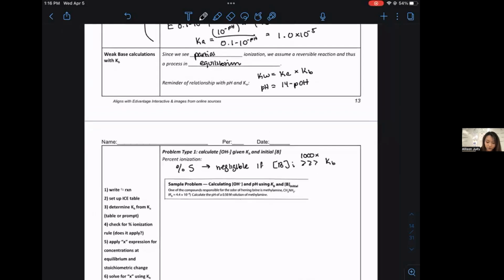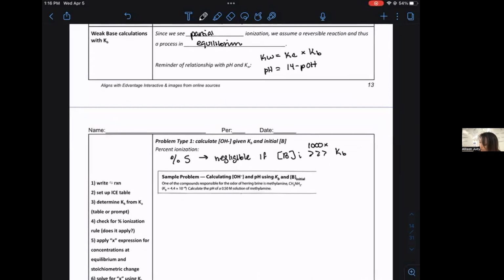So what we are told is we know that Kb is equal to 4.4 times 10 to the negative 4th. We know that the initial amount is 0.5. Initial, okay, is equal to 0.5.